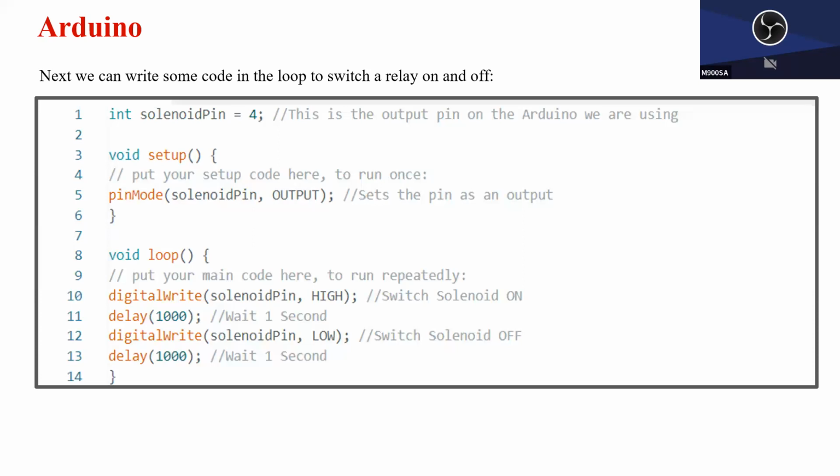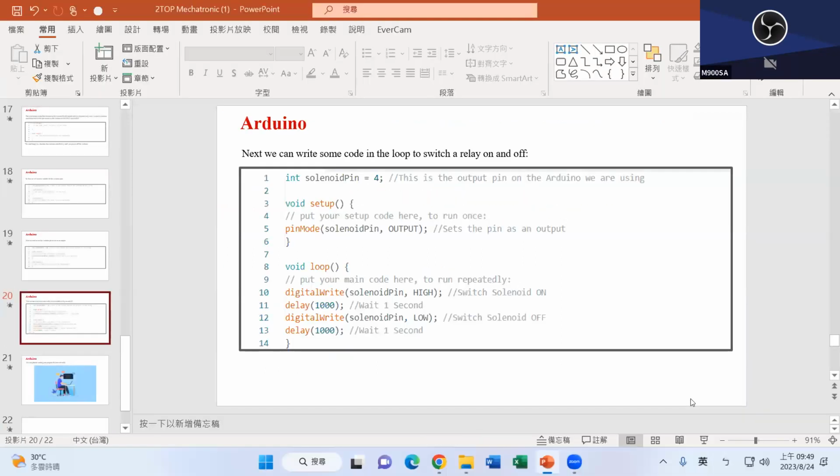So probably we can still try to write a program and then connect some air tube to the relay and see if the program will go. Okay, sure. So you guys can have time to discuss how to write your code for your soft robots.